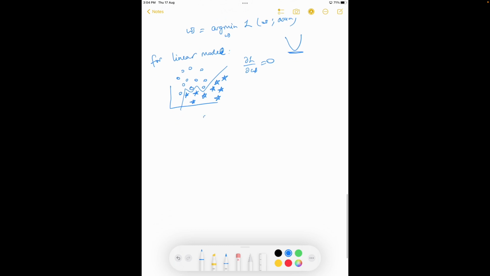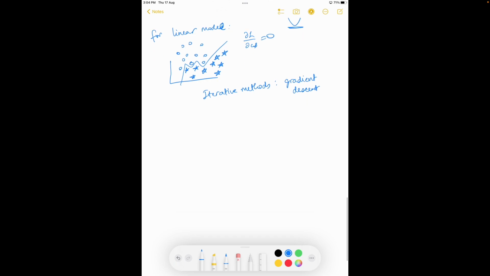We'll use iterative methods, and a very popular iterative method is called the gradient descent algorithm. It is a very popular iterative method to find the minimum of L.